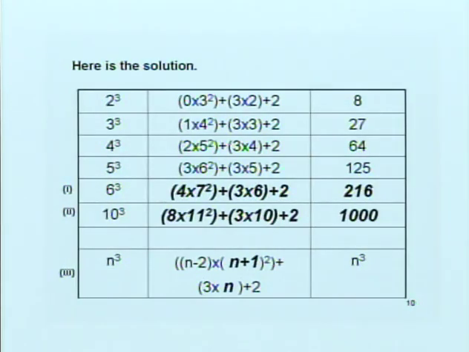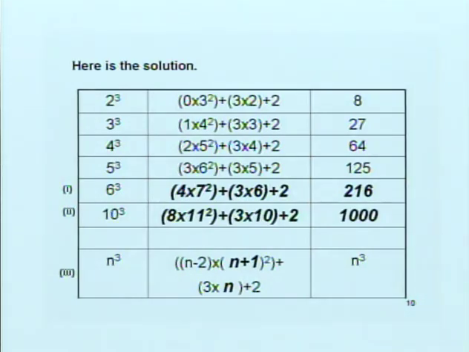Here is the solution. The first row is given, the second row given, the third row given, the fourth row given. Let's see the first part, 6 cubed. If we look at the pattern for the first 4, we'll find that 6 cubed can be expressed as 4 times 7 square plus 3 times 6 plus 2.